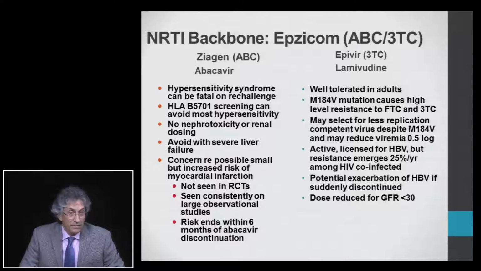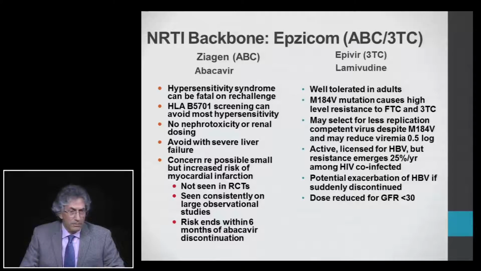There is a hypersensitivity syndrome, which occurs 6 weeks to 3 months after starting in certain people. It causes fever, a rash, and respiratory or GI symptoms. It gradually worsens as a person continues to take abacavir. If a person stops the drug, those symptoms improve, and if they are rechallenged, they can become terribly sick, and there have been deaths on rechallenge with abacavir of persons who have had hypersensitivity syndrome.